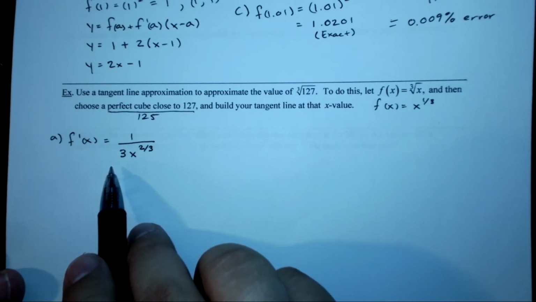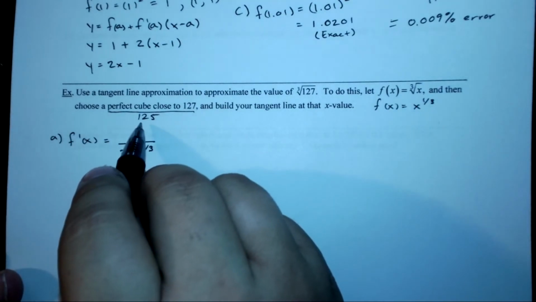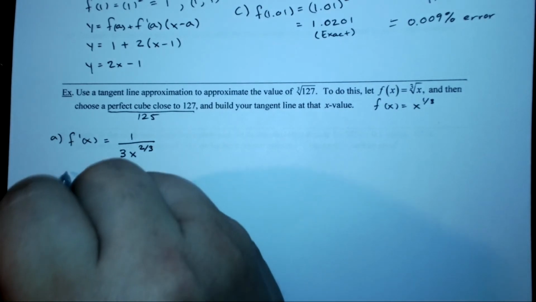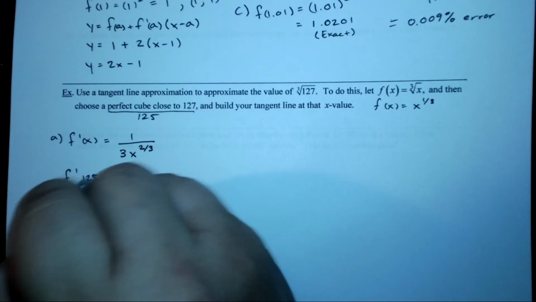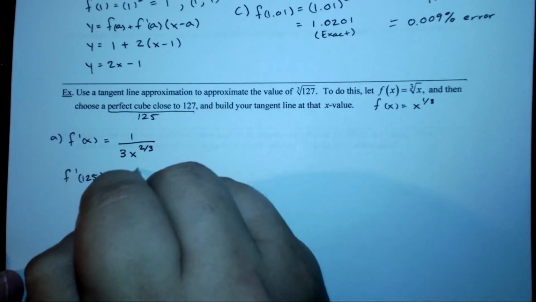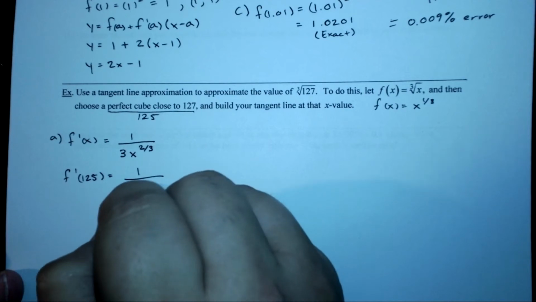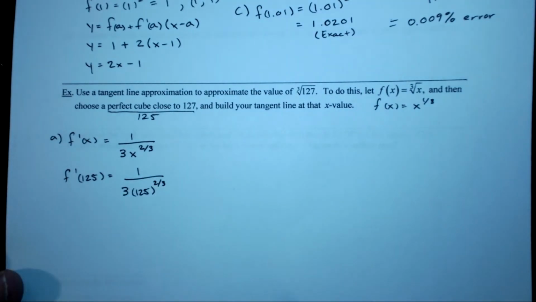Now, we needed to know what the slope was. If we're using 125 as our approximation value, then we're going to say f prime of 125 is equal to 1 over 3 times 125 squared and then cube rooted, because that's what that means, right?